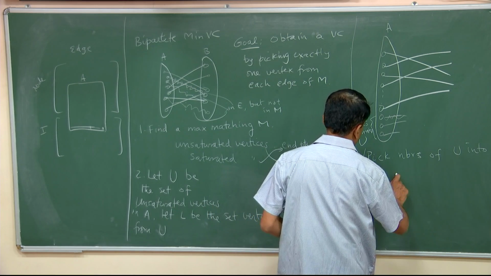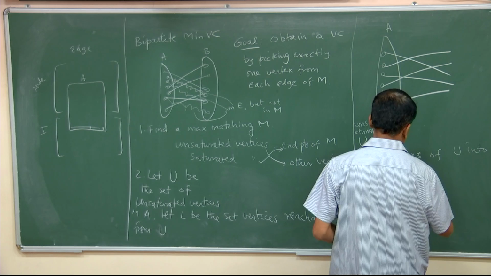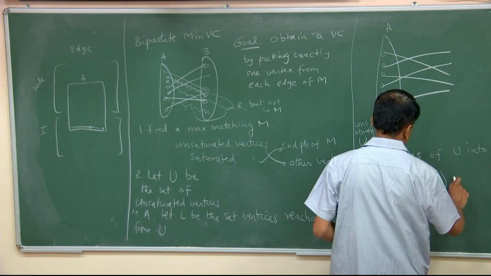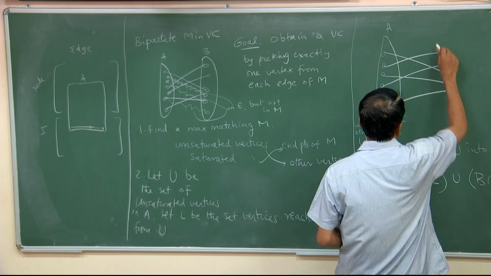Let S be equal to (A minus L) union (B intersection L). Okay, B is this.